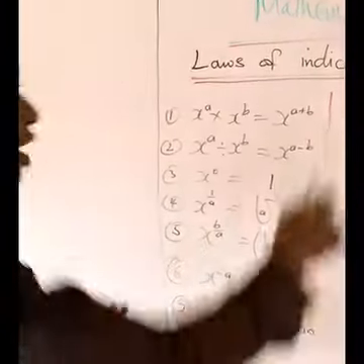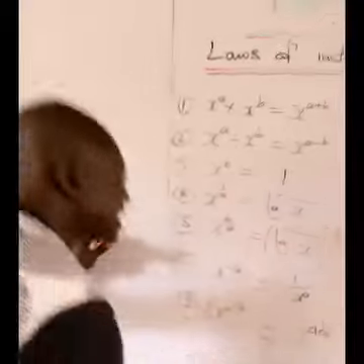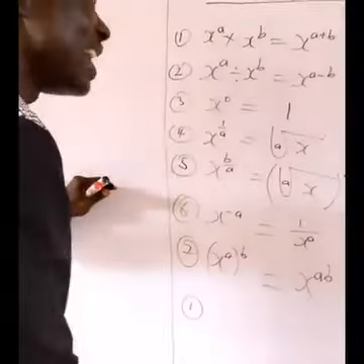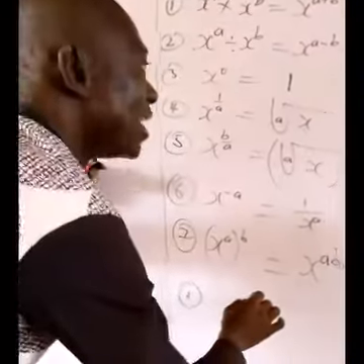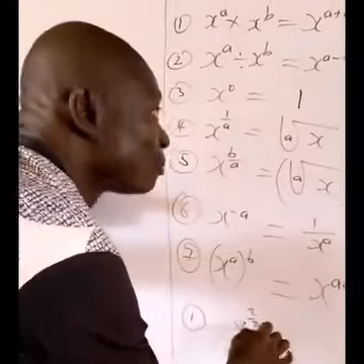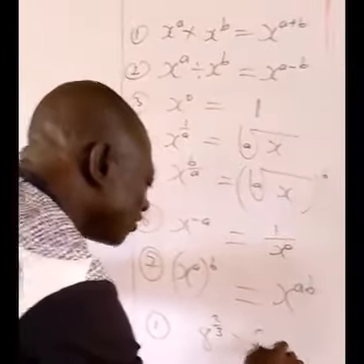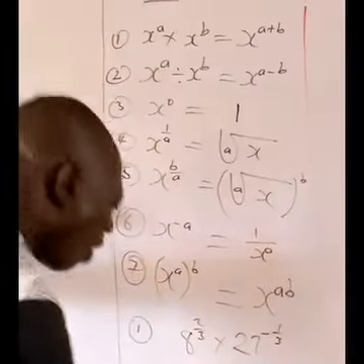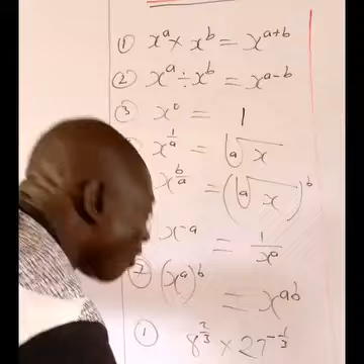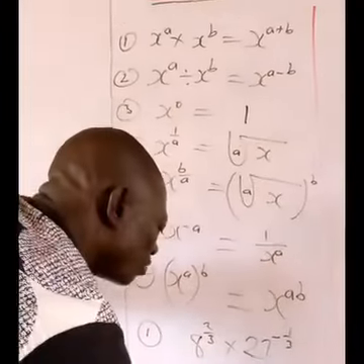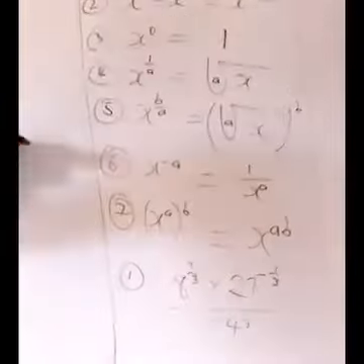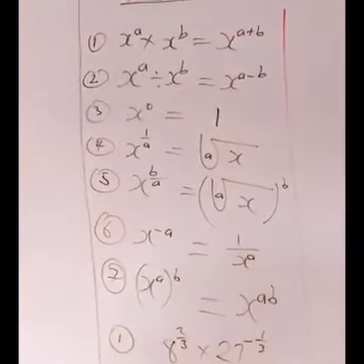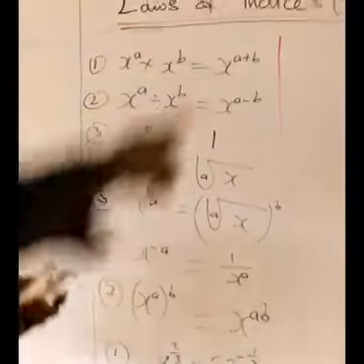And so we are going to solve number 1, which says we should simplify 8 raised to the power 2 over 3 times 27 raised to the power minus 1 over 3 all over 64 raised to the power 1 over 3. Yes, if you see this, the first thing we are going to do is to line them up.